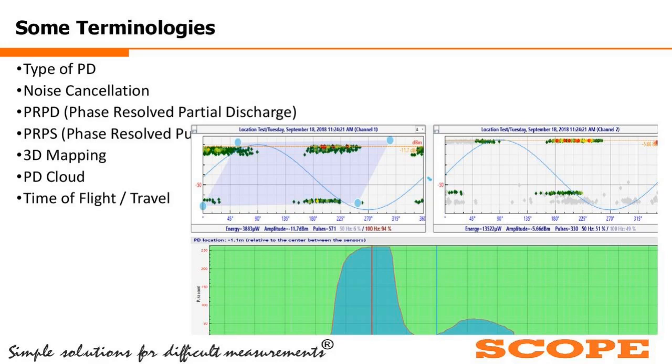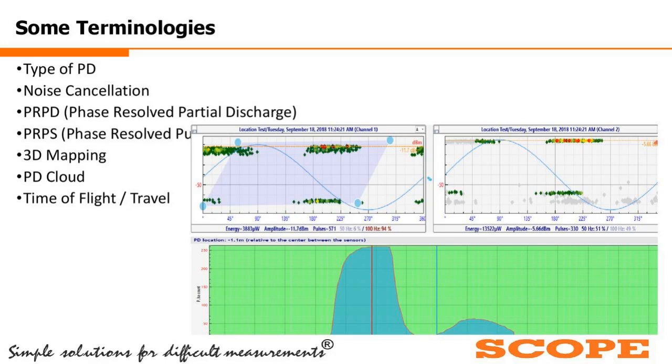Depending upon the distance from a particular sensor, the sensor will detect that signal at a certain delay compared to the other one. These UHF signals are quite attenuating. Any signal will attenuate over distance, so the longer the distance, the lesser the magnitude.